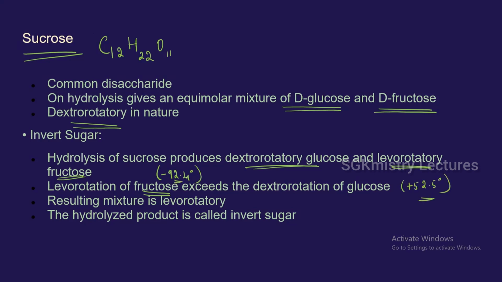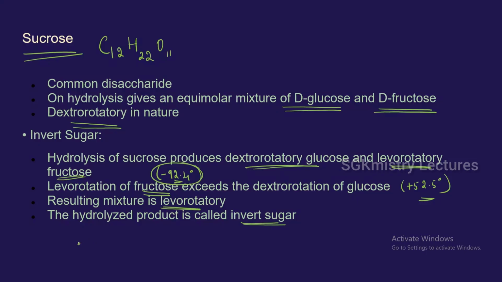So, although fructose and glucose are produced in equal amounts, the degree of levorotation by fructose is more, that is minus 92.4 degree, whereas the degree to which the plane of polarized light is rotated to the right by glucose is lesser, that is plus 52.5 degree. That's why the hydrolysis of sucrose brings about a change in the sign of rotation from plus to minus, or from dextrorotatory, the hydrolysis product becomes levorotatory in nature. So that's why the product is called invert sugar.